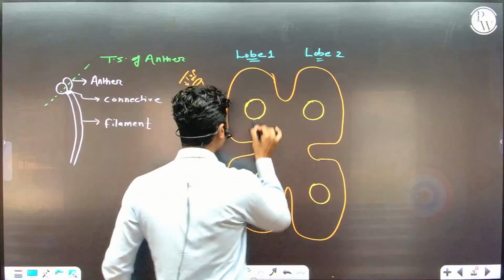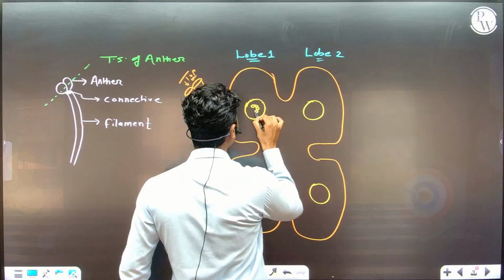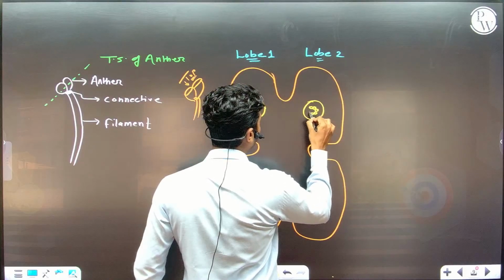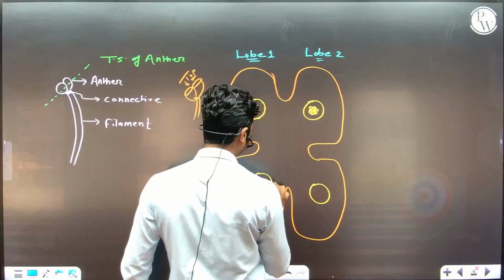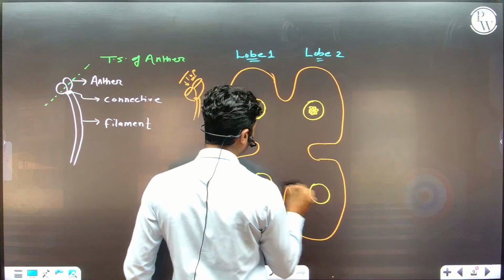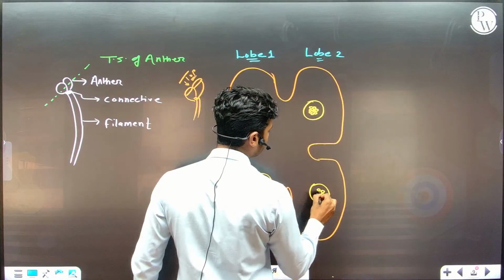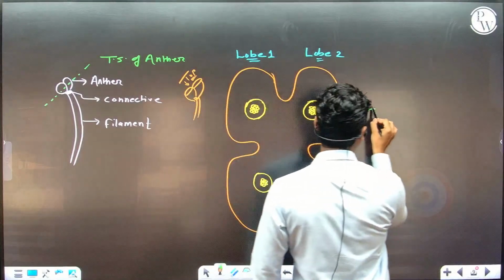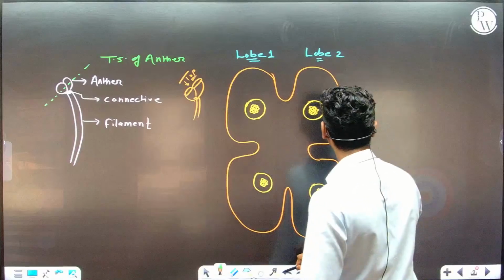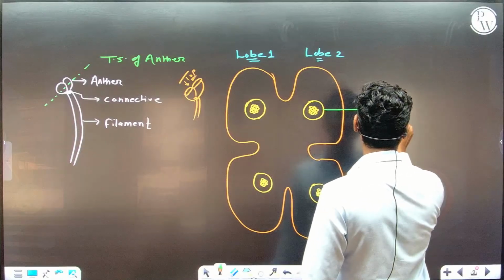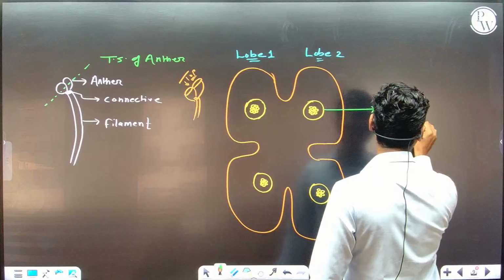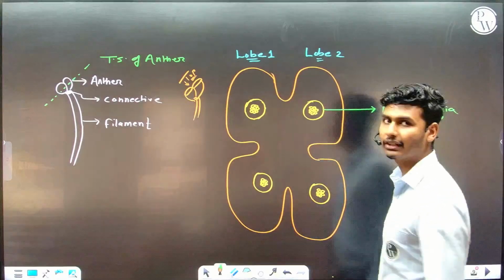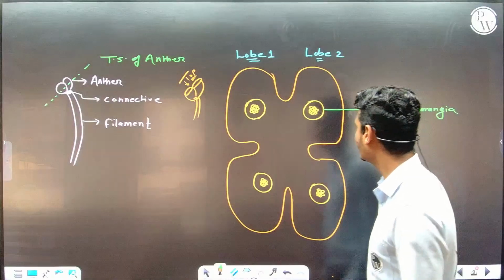Just sporogenous tissue or archesporial cells are present here. So we can easily call this structure a microsporangium.